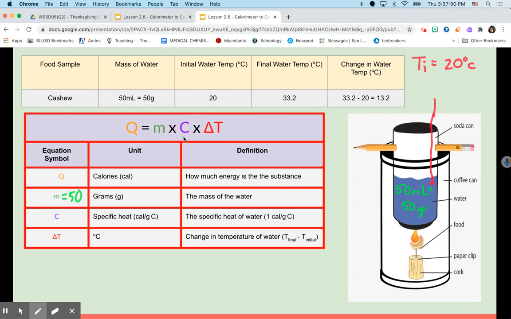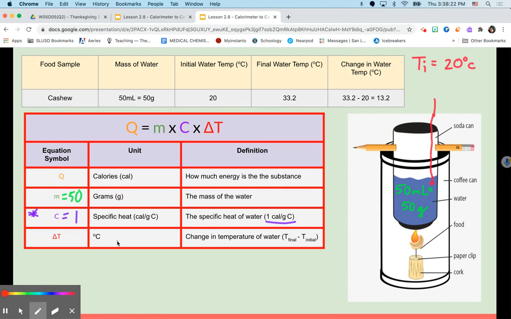C, what is that going to be? Well, C is our specific heat, and it will always be the specific heat of water because, again, we're going to transfer all of that heat energy into the water, right? So the specific heat of water is always 1 calorie per gram per degree Celsius. So it's always going to be 1. No matter what, when we're working with this, a key note is that specific heat will always be 1.